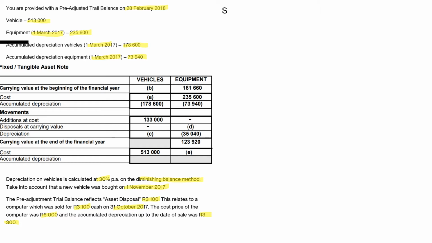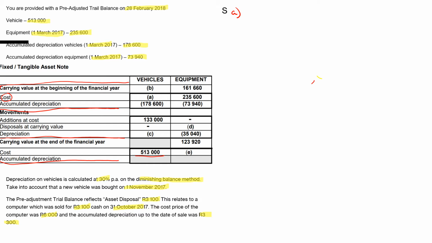So, working into this, calculating our A. Remember I said the figures at the top here are opening balances, and the ones at the bottom here are closing balances.